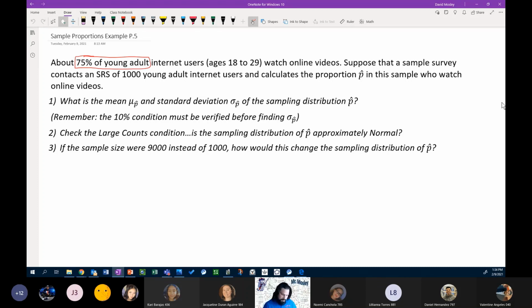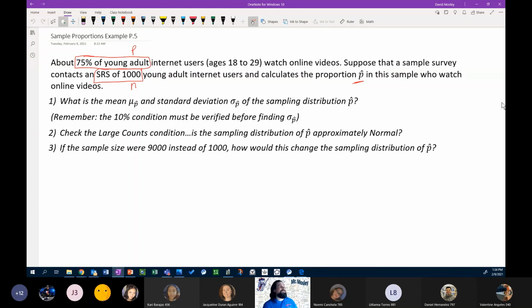That is the proportion from the population, so that becomes P. And then we have a sample survey that contacts an SRS of 1,000 young adults. That is the sample size n. And we're not provided any other numbers. p hat is the proportion in this sample who watch online videos.